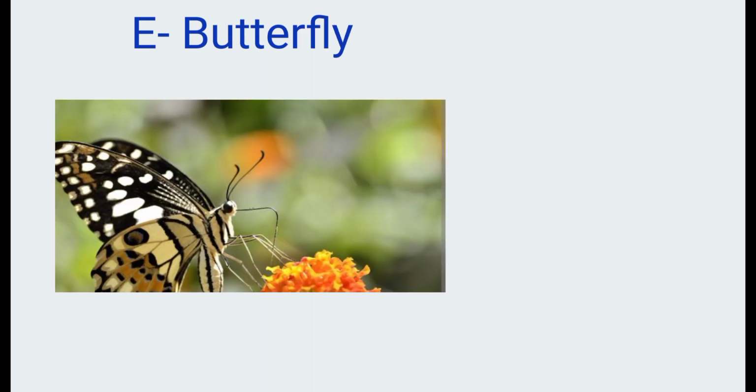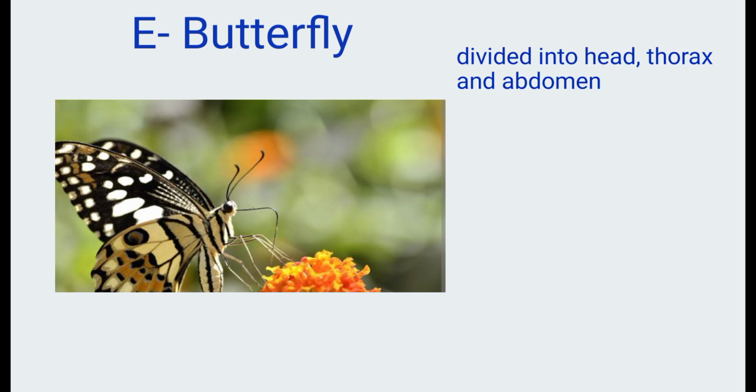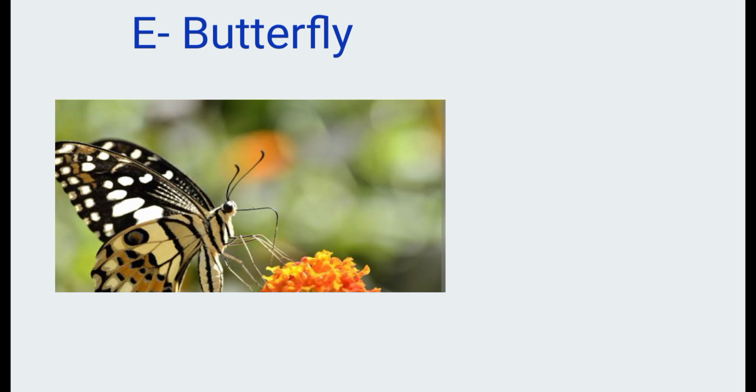Now let's talk about specimen E, butterfly. Biological description of a butterfly includes: 1. Body structure. Their body consists of head, thorax, and abdomen, just like the housefly. So this is a similarity in case you are asked. 2. Wings. Butterflies have 2 pairs of colorful scaly wings that enable flight. 3.